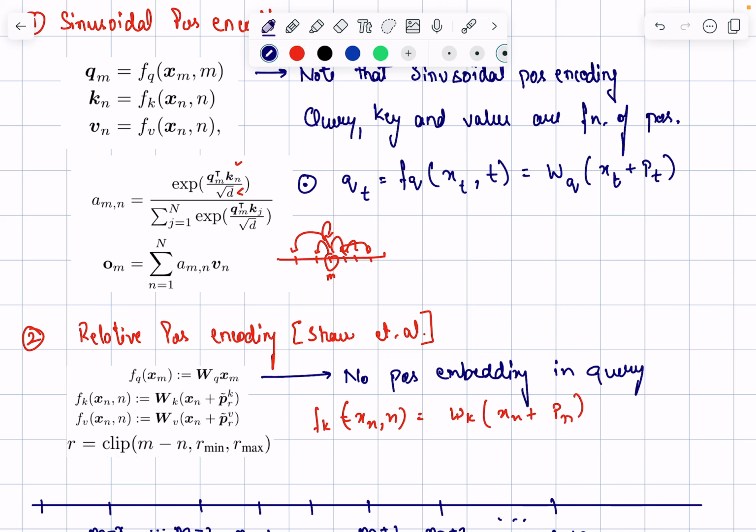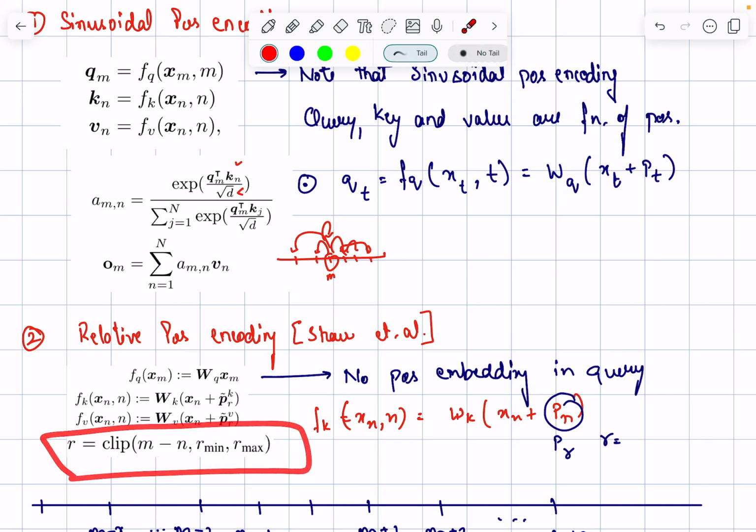What they say is to replace Pn, which was earlier a positional embedding, with the relative embedding. So they will say replace it with Pr, where r is equal to the minimum of, in this case, this particular value.